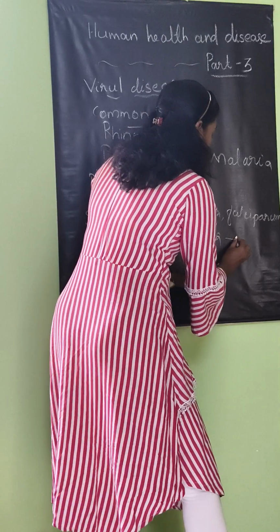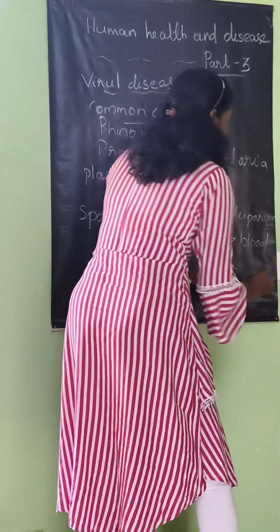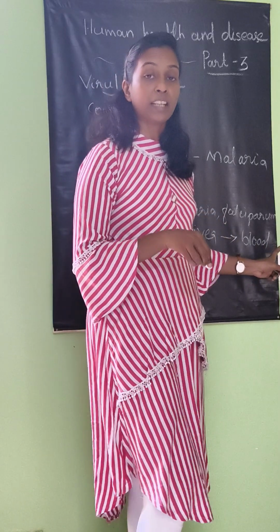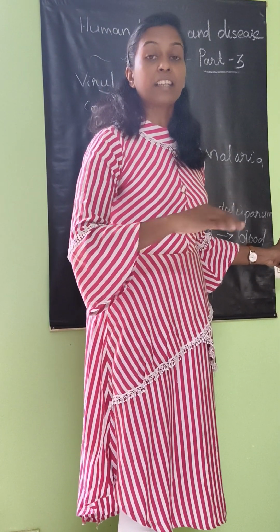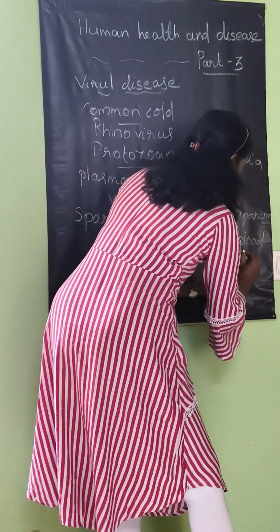Then from the liver, it affects the blood. There in the blood also, asexual reproduction takes place, and RBC will be affected.